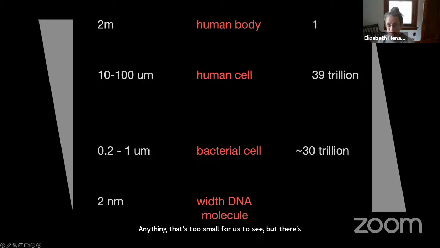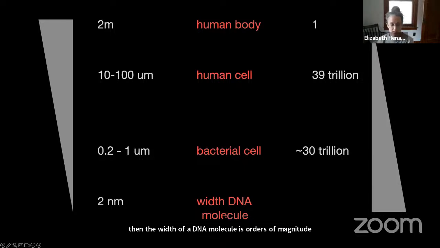So if we think of the scale of the human body being measured on the meter scale, human cells are measured on the tens or hundreds of micrometers. So here we're talking even a million times smaller. And then bacterial cells are orders of magnitude yet smaller than a human cell. And then the width of a DNA molecule is orders of magnitude yet smaller than that.